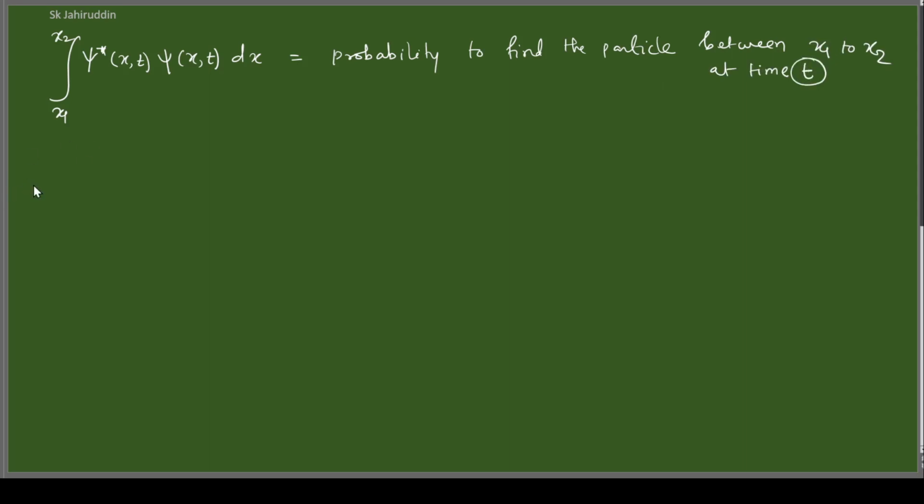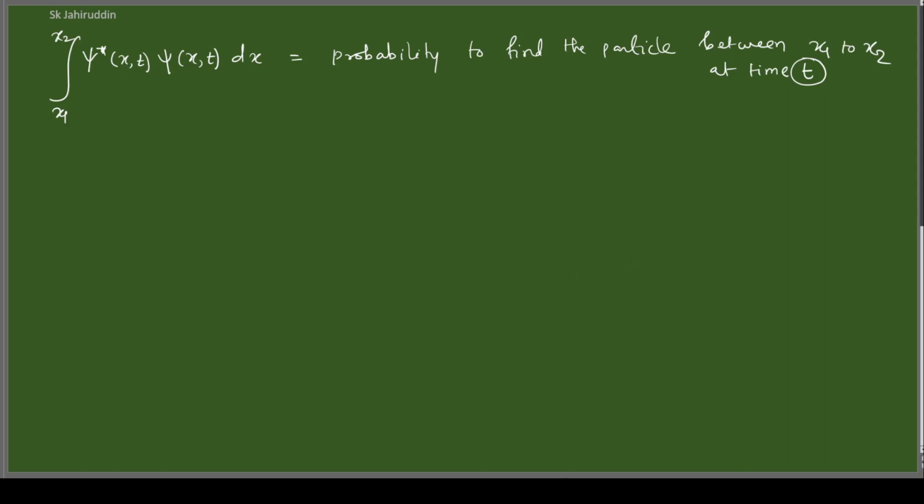Psi star psi integrated dx from x1 to x2 means the probability to find the particle between x1 and x2 at time t.